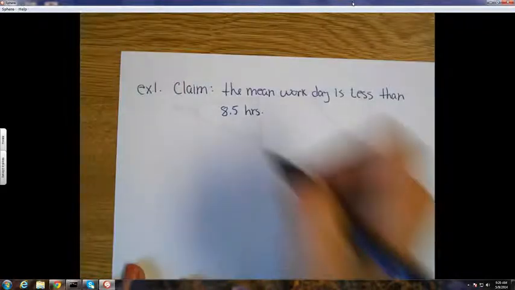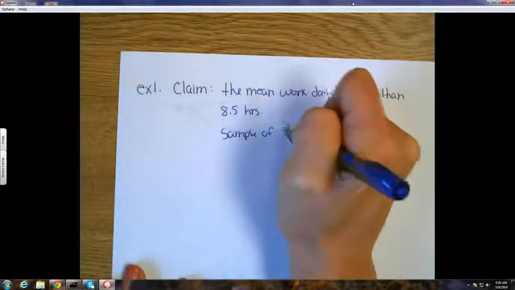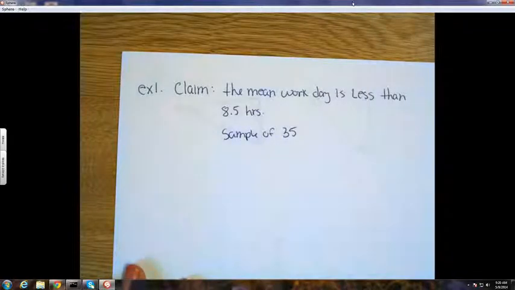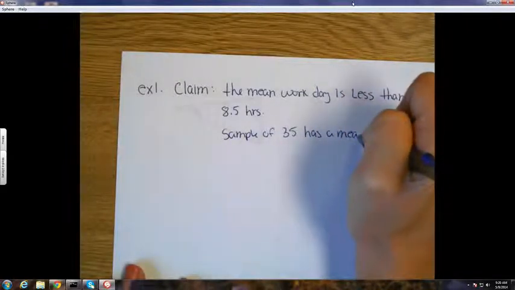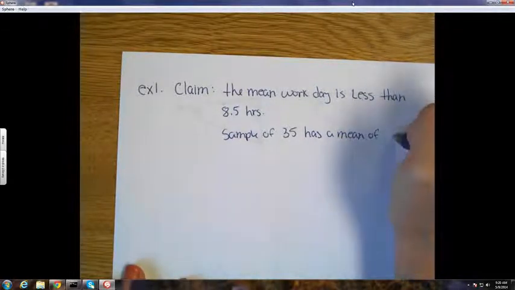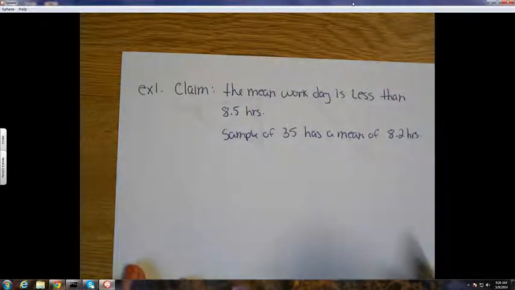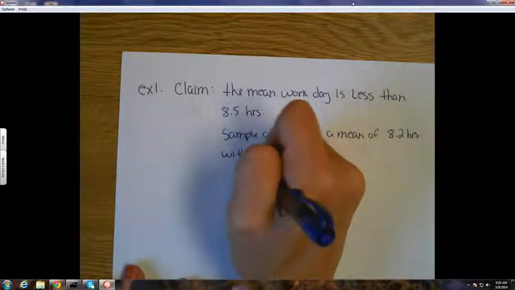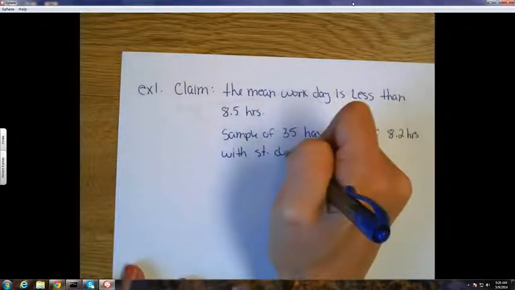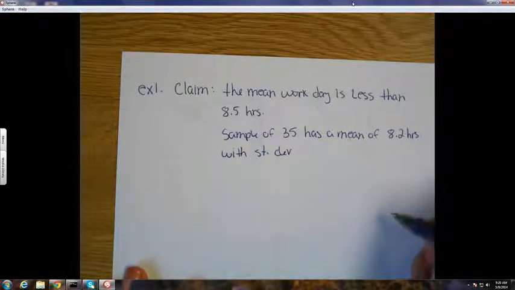A random sample of 35 workers has a mean of 8.2 hours with standard deviation a half hour, 0.5 hours.